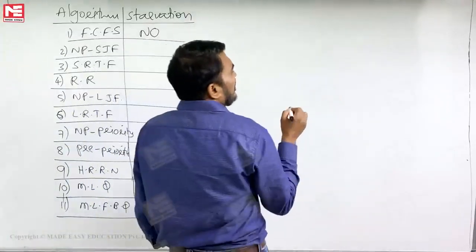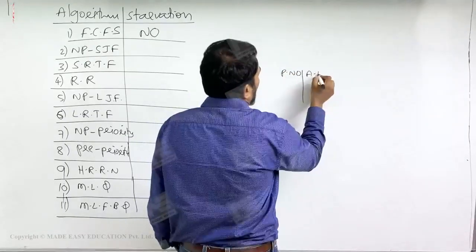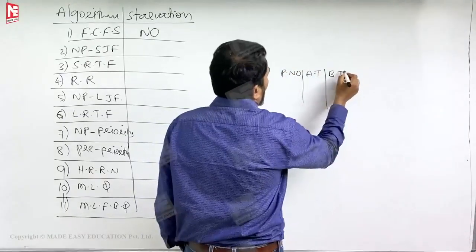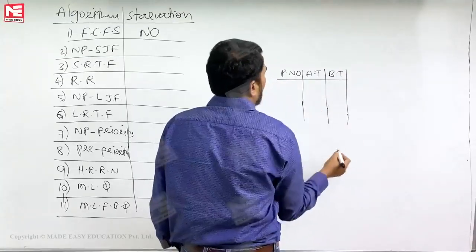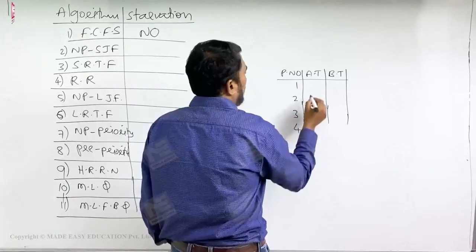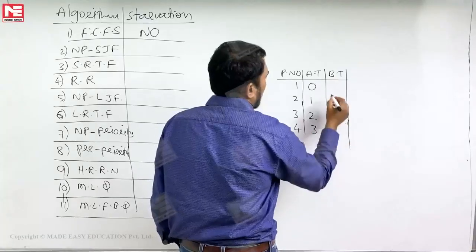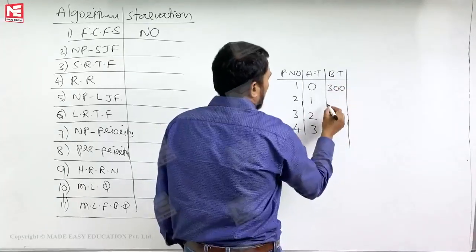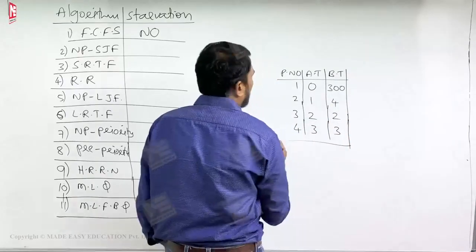Why? If you are thinking yes, you may be thinking like this. Let's say you have process number, arrival time, burst time, just an example. Let's say you have processes 1, 2, 3, 4 with arrival times 0, 1, 2, 3, and burst times 300, 4, 2, 3, something like this.